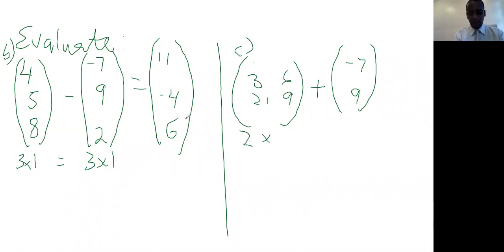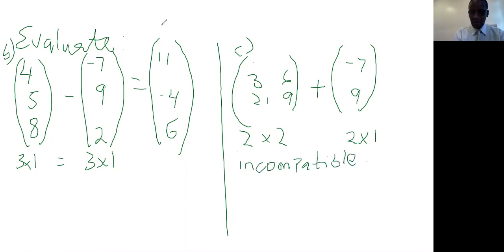This is a 2 by 2 matrix, because the rows are 2 and the columns are 2. And then the other one is 2 by 1: 2 rows, 1 column. So we say that they are simply incompatible.